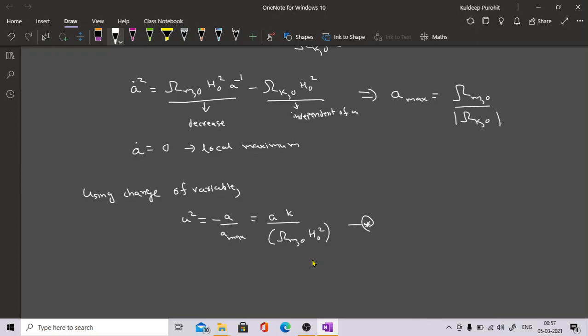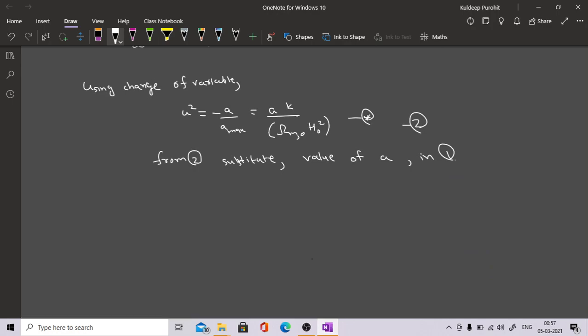If I call this equation number 1 and this equation number 2, then from 2, substitute the value of a in equation number 1. So you will be writing a in terms of u, and you will get u dot square is equal to H0 square.